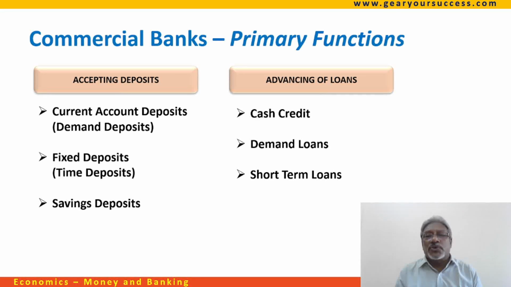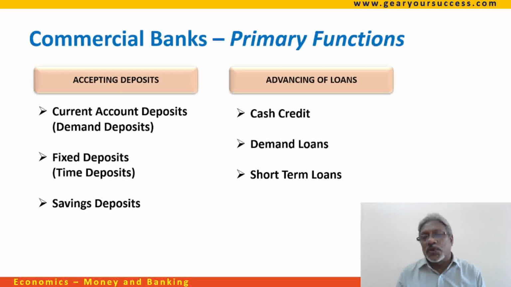Now, in terms of advancing loans, there are a lot of types of loans that banks give. One is called cash credit, and demand loans. That is, whenever the bank demands, the loan has to be repaid immediately.